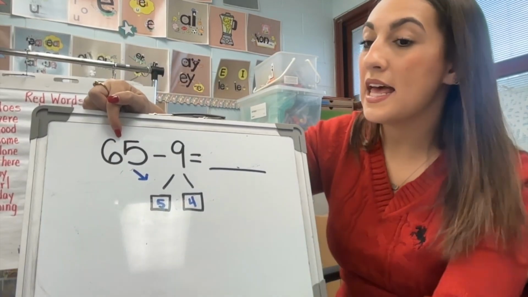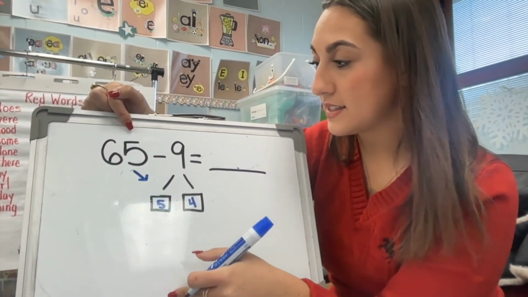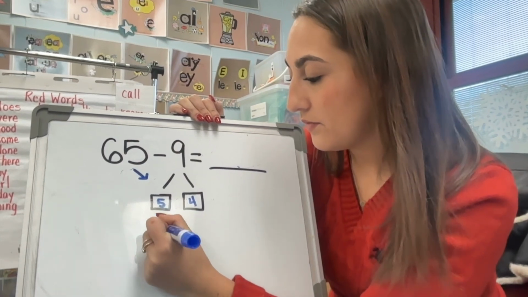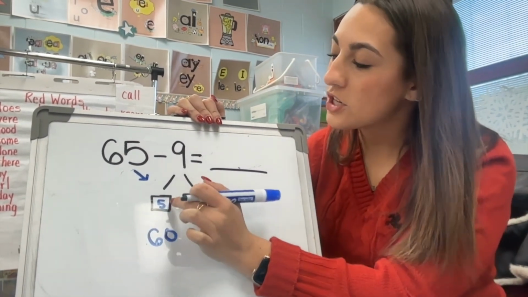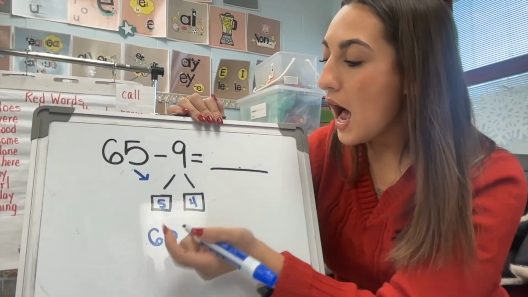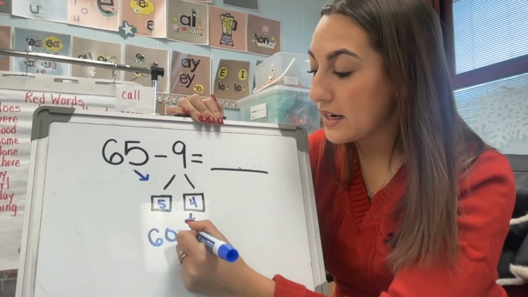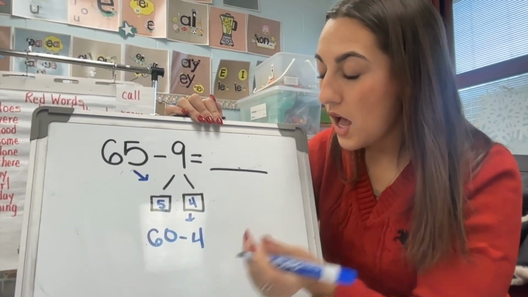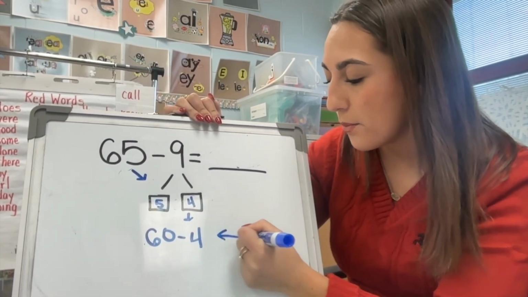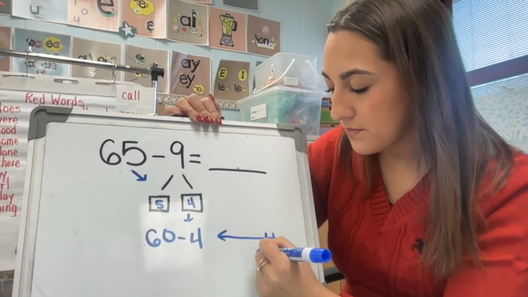So now I'm going to look at my tens value. I know that my tens value for 60 is 6. There are 6 tens in 60. So I'm going to put that 60 right here. I already worked with this 5, so I'm going to forget about it for now. I am now going to drag down my 4 and do 60 minus 4. I personally like to use an open number line. I'm going to draw myself an open number line and write 60.